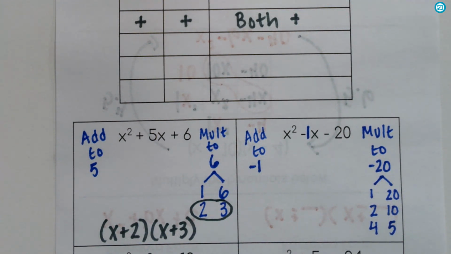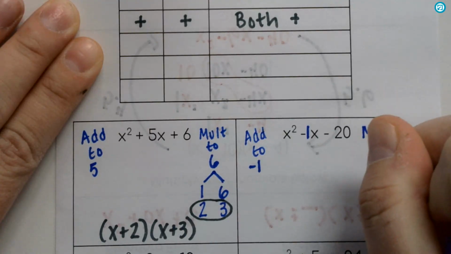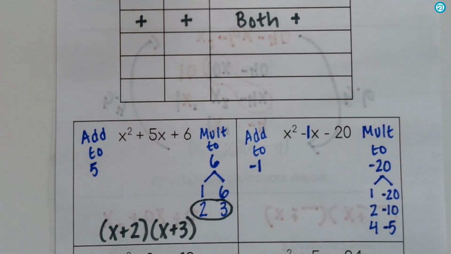All right, so from there, we need to figure out how to add to a negative. If we want two numbers to add together to be negative, we want what I like to call the more powerful one to be negative. So the bigger ones we want to be negative. So I'm going to make my 20, my 10, and my 5 negative. Because I can only make one negative to multiply to a negative.